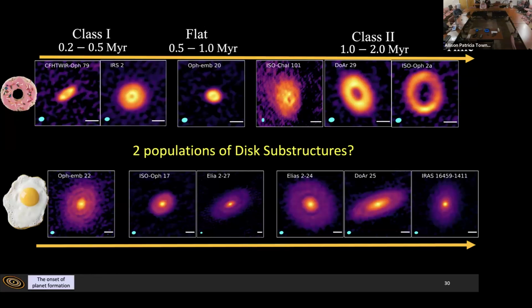You can have different instabilities, and you can also have substructures generated by planets. It could be that the early substructures are generated by instabilities or streamers, and later on you can have second generation substructures formed by a perturbing planet. So there's still a lot of degeneracy.